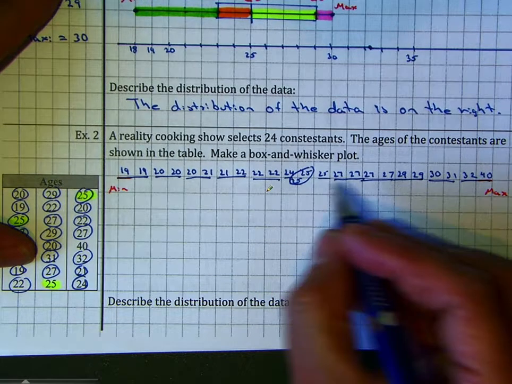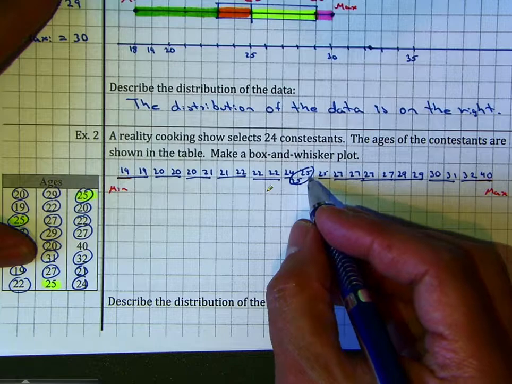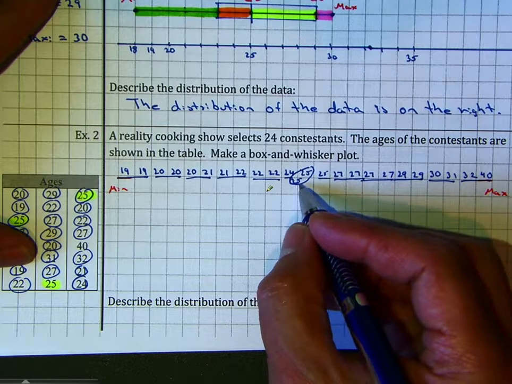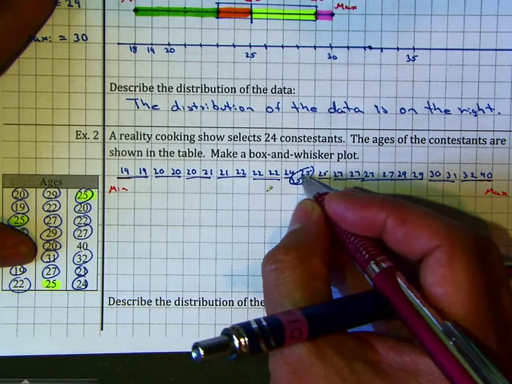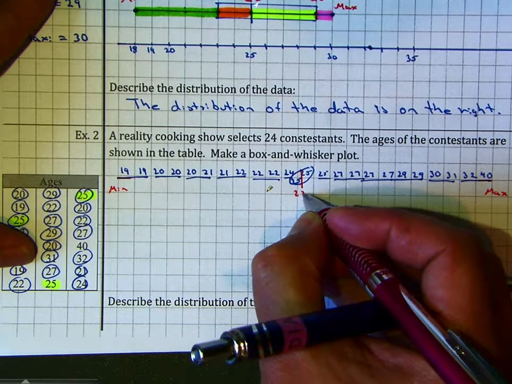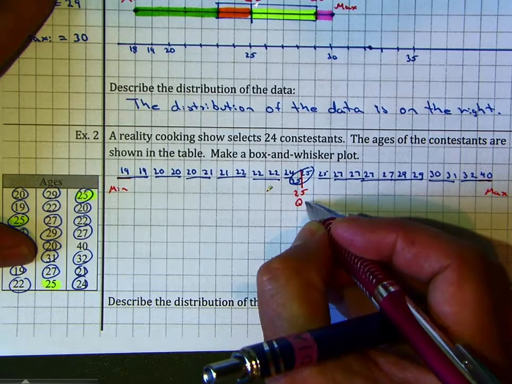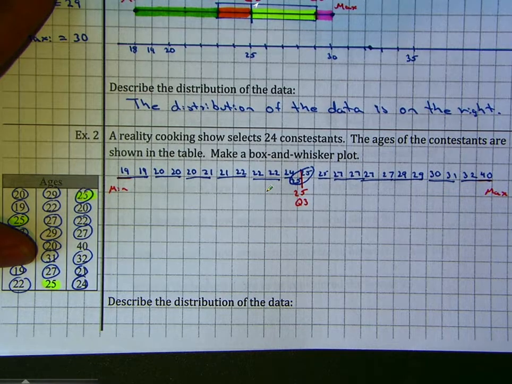So that means that 25 plus 25 again is 50 divided by 2 gives me 25. So yeah, this happens to be the same number. This will be Q2, which is your median.